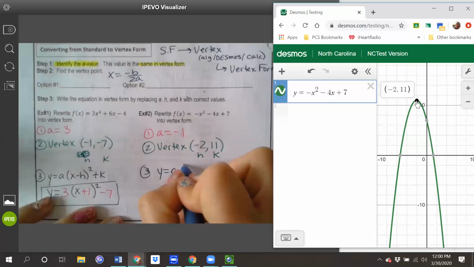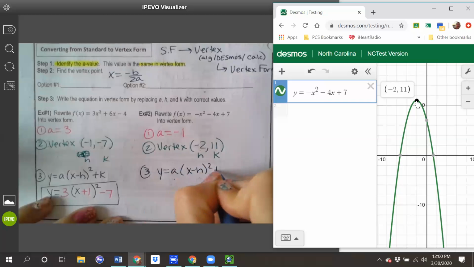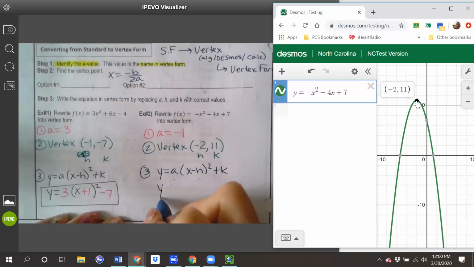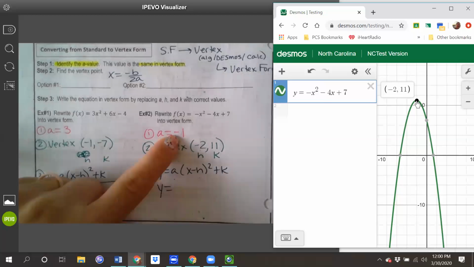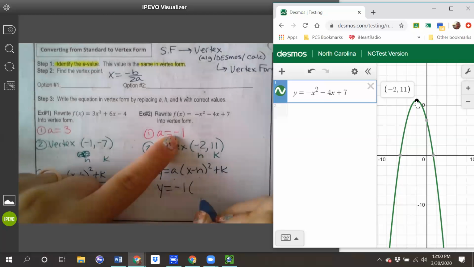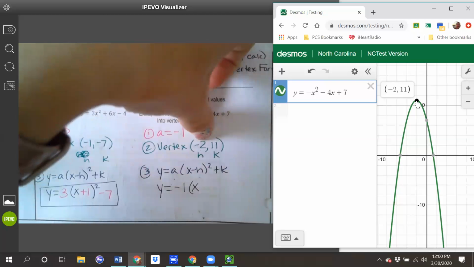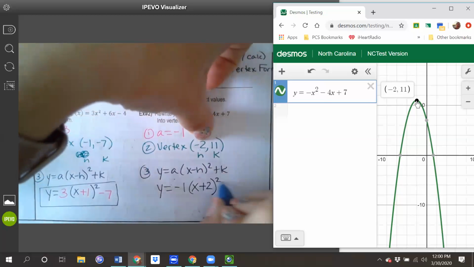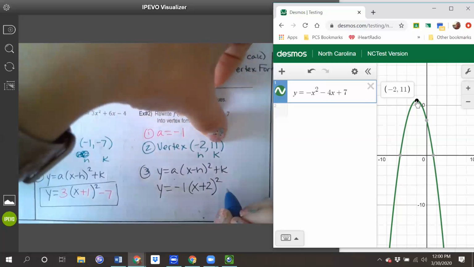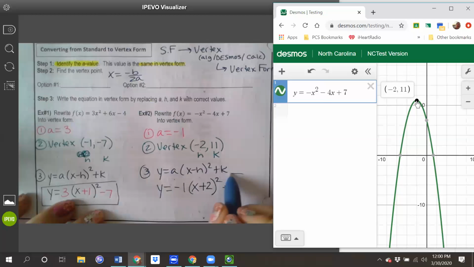So I'm going to write this in vertex form. A is -1. H is opposite, so I'm going to write x plus 2, square it, and then plus 11.